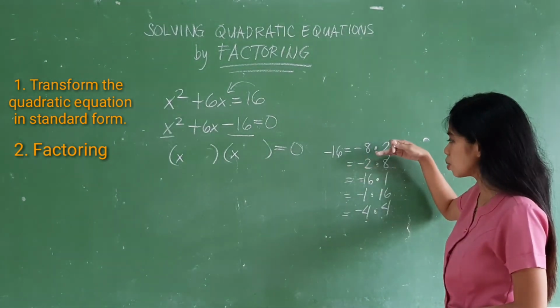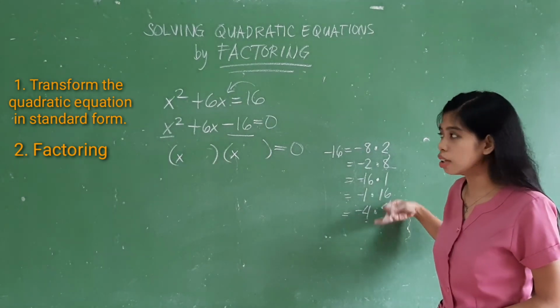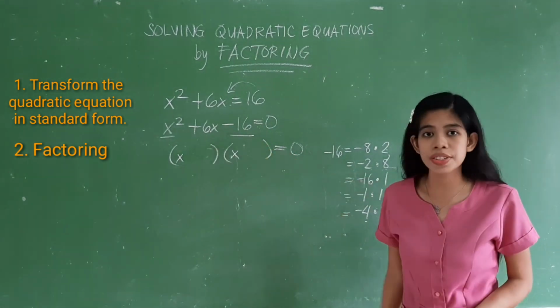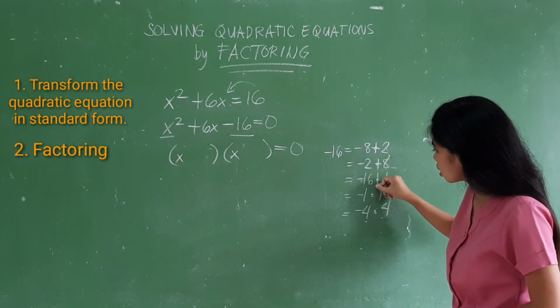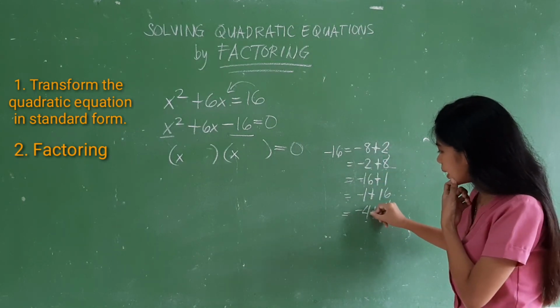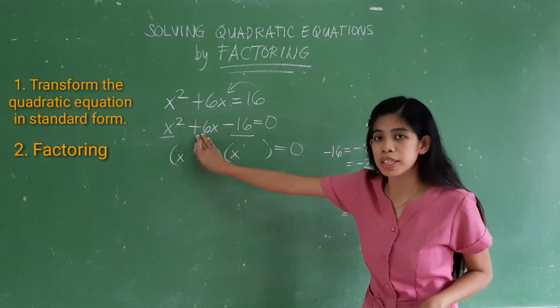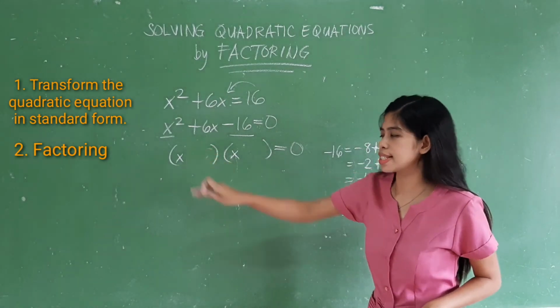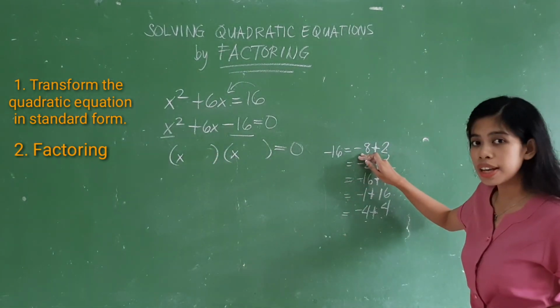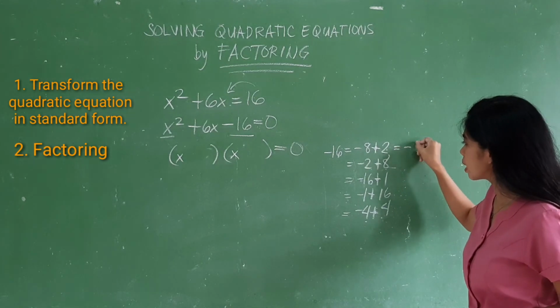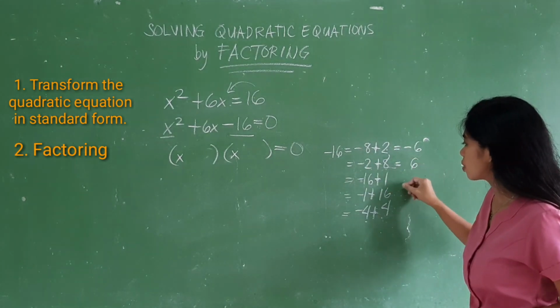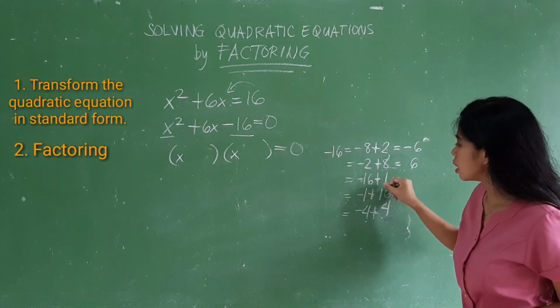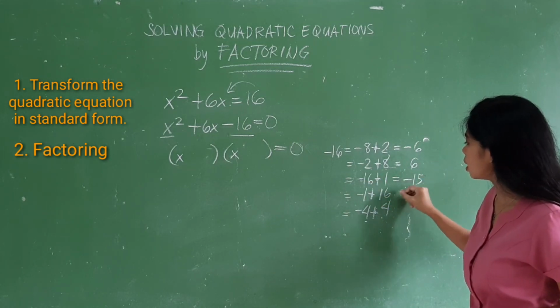Now, since we have already listed down all of the factors of the third term, negative 16, let's find out which of these factors, when added, would give us the middle term, positive 6. Okay? So, negative 8 plus 2 is negative 6. Negative 2 plus 8 is positive 6. Negative 16 plus 1 is negative 15.